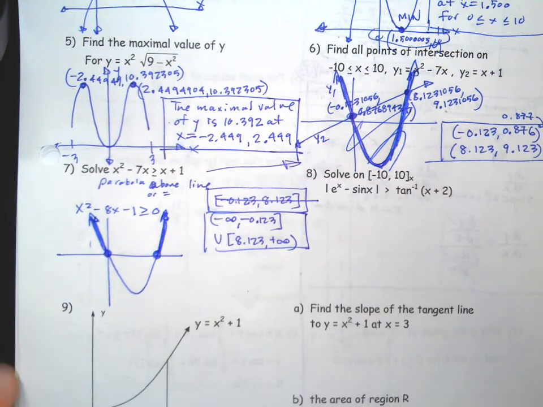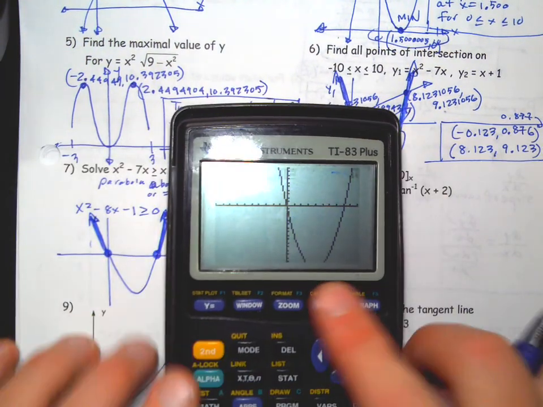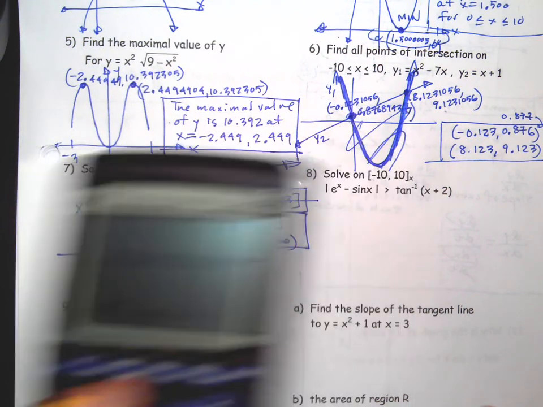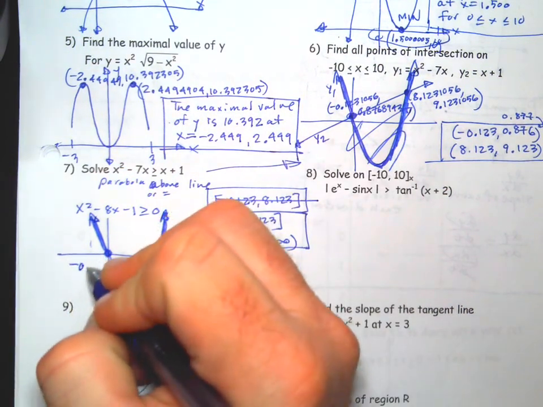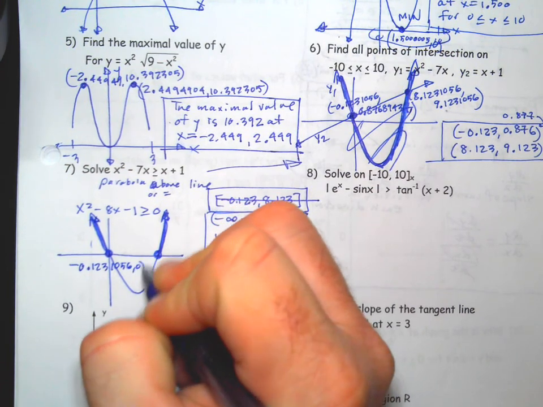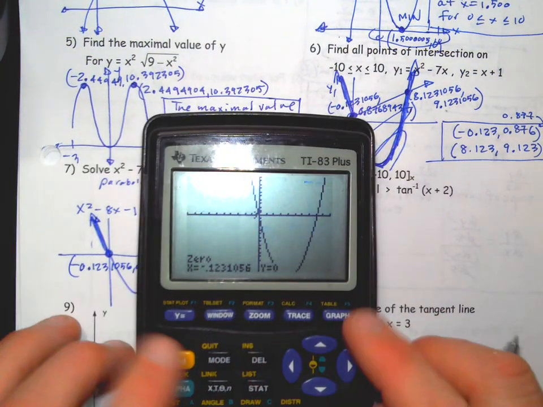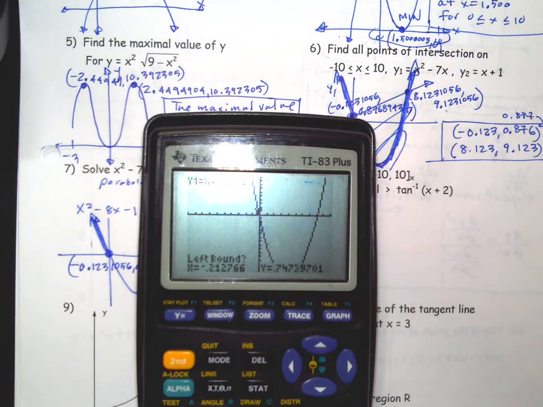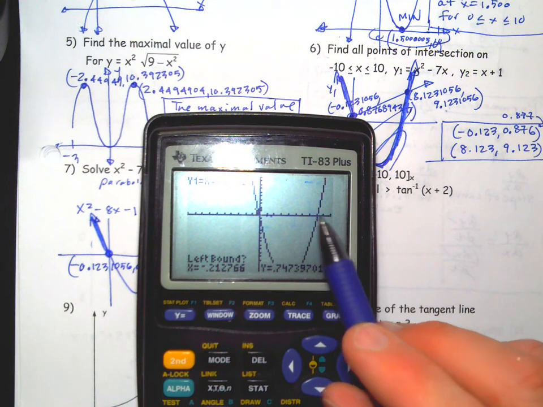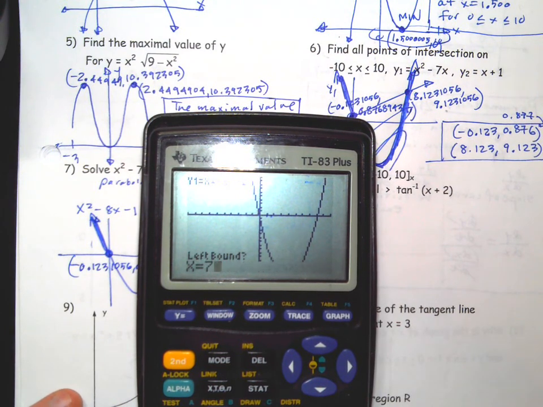But those x-intercepts, second calculate 0. Tells you where you got to look for it, -1 to 1, guess 0. Looks like it's 0, but it's not quite 0. Negative 0.1231056, comma 0. And then the other one would be second calculate number 2, 0. It looks like it's around 8, so I'm going to say 7 and 9.